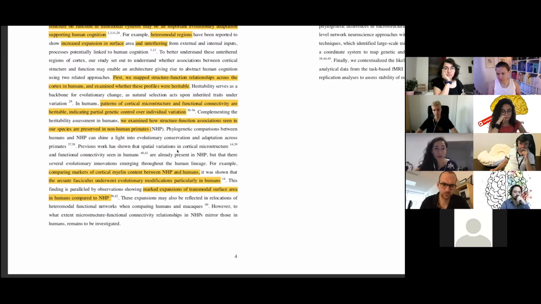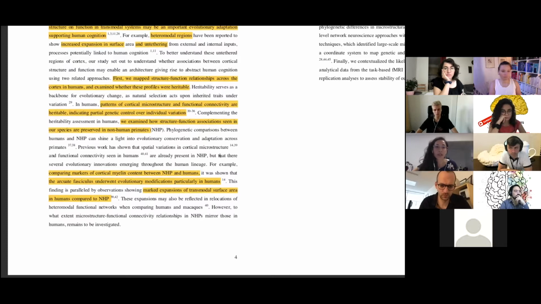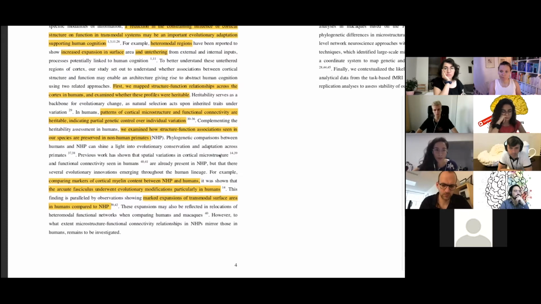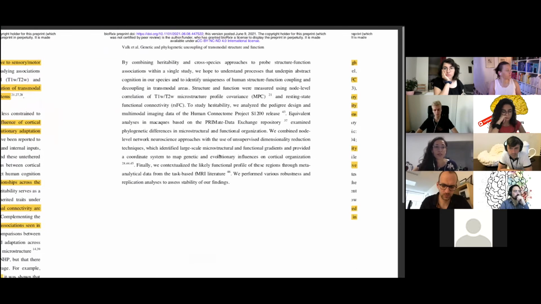And furthermore, they examined how structure and function association is different between human and non-human primates. So let's go to the study.